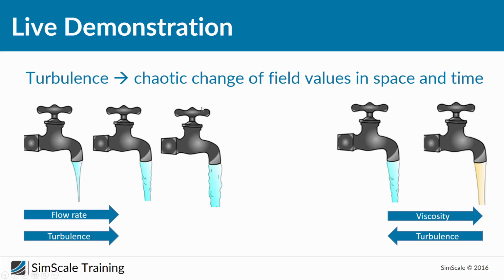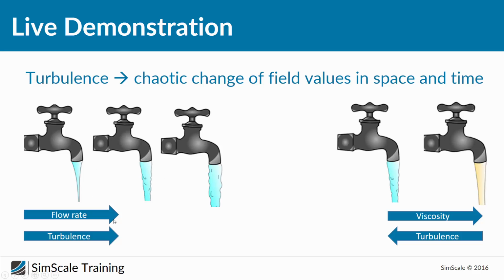Now let's imagine we take this stage here, which is already turbulent, and replace the water by oil, which has a much higher viscosity. What will happen then is that the flow seems again to be laminar, and we can't see any turbulence. Maybe now it reminds you of something you already heard in class at university.